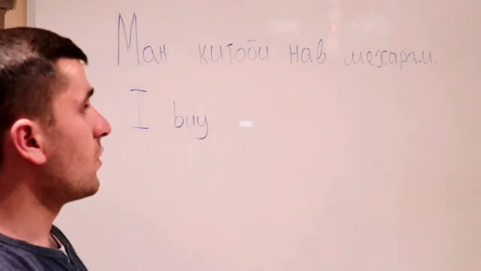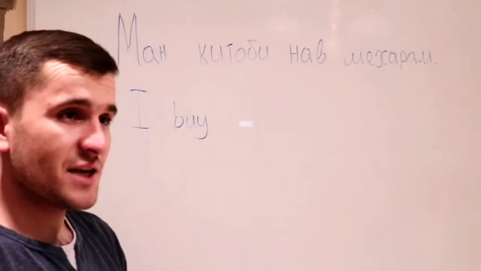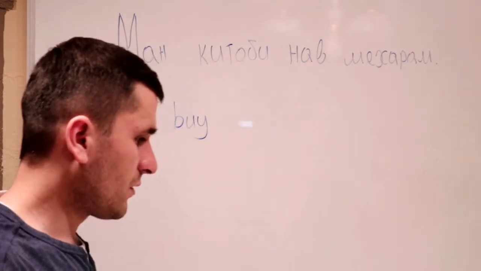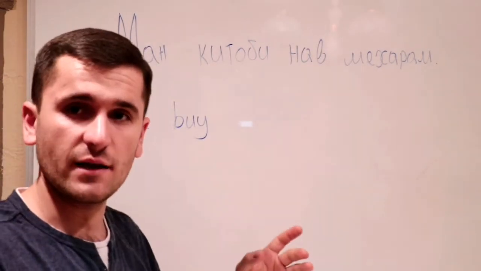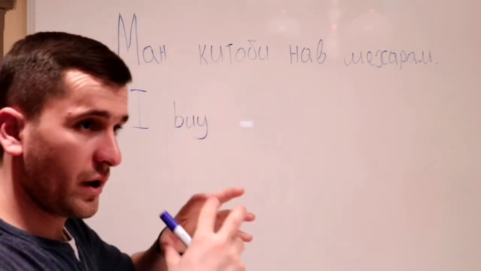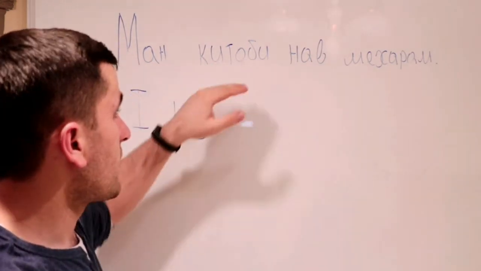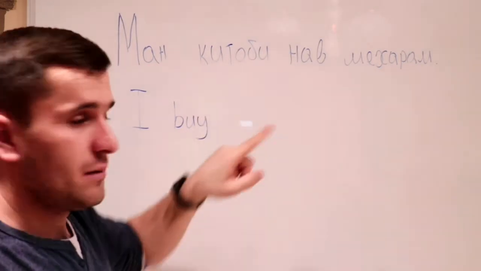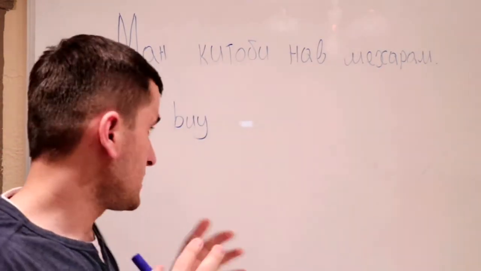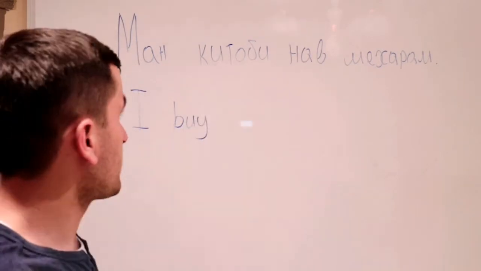Kitobi nav. So, for example, in Tajik language, if we want to explain something, how is that? First we put the noun or an object, and then we put the adjective. But in English language, it is another way. First we put the adjective.